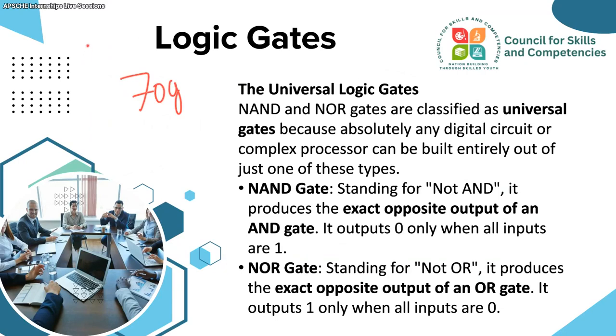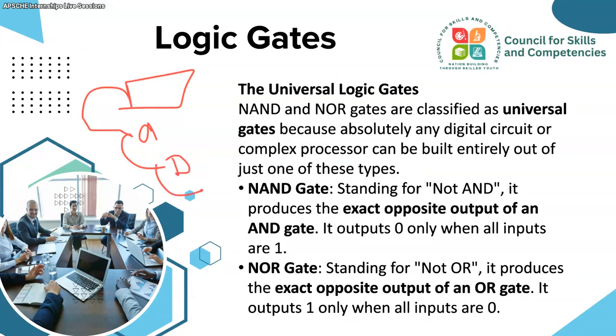Instead, I can ask for a universal gate, where by using it I can convert it into AND logic, OR logic, and inverter logic. That is where the universal gate comes in.